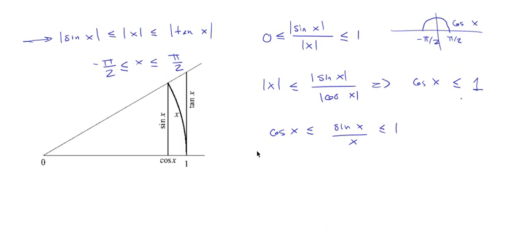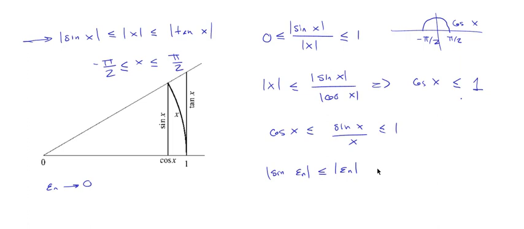So let's see. Now we have again epsilon sub n, a sequence that converges to 0. Then the sine of epsilon sub n is smaller or equal than epsilon sub n.